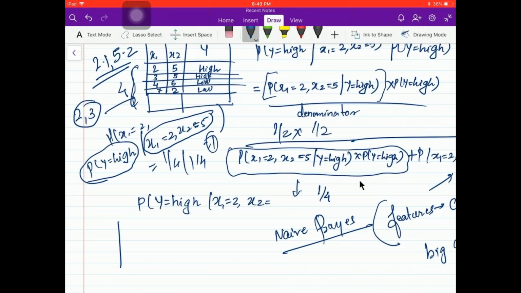So this will be the probability of x1 equal to 2 given y equal to high, and the probability of x2 equal to, okay, not 2 and 3, let's say 2 and 6. Let me write it differently.